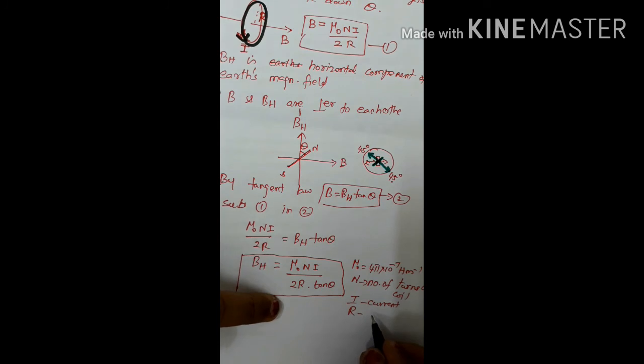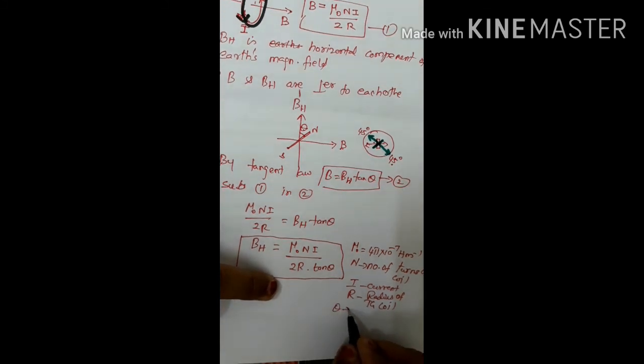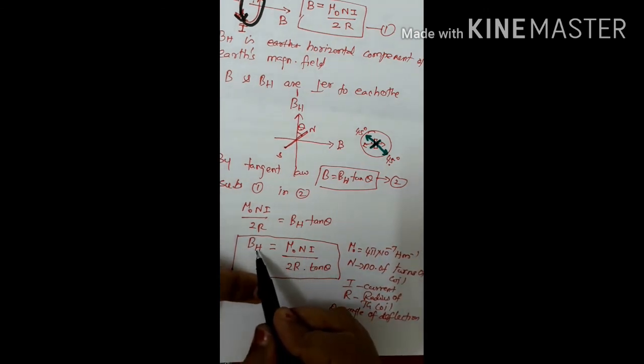Radius of the circular coil, radius of the TG coil. For that you can find the circumference of the coil, and then from that calculate r. Theta is the angle of deflection. So all the values you know, and if you substitute here, you can find out BH.